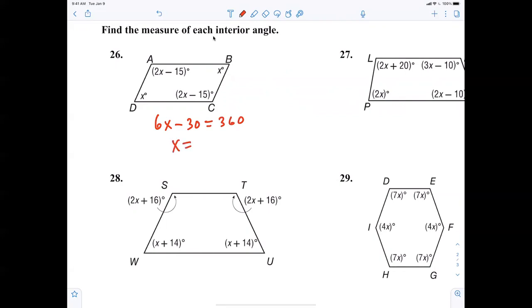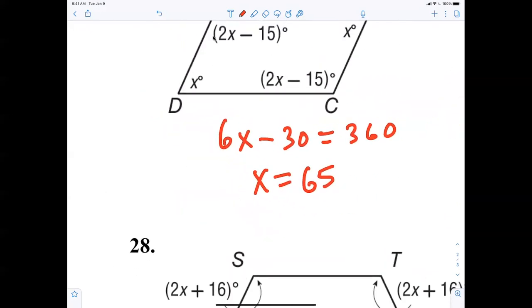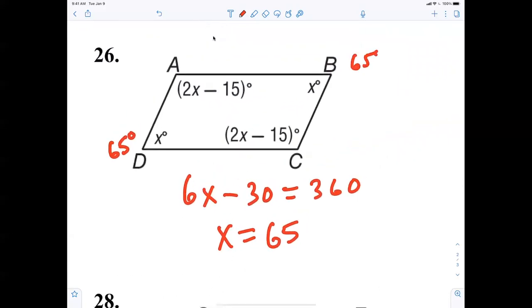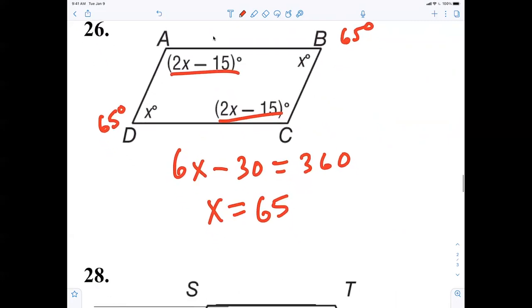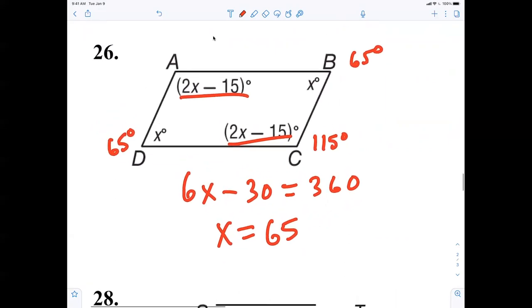So what does x equal? 65. x is 65. Off to the side, 65 degrees, 65 degrees. Now these are both 2x minus 15, so that would be 115 degrees. You can just write it like that if you want.